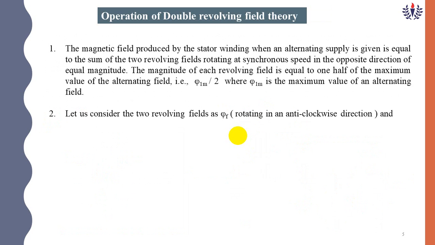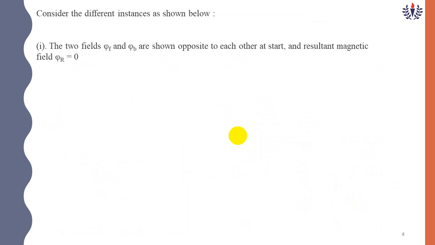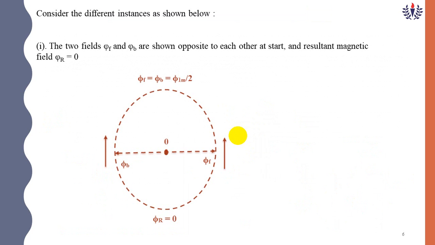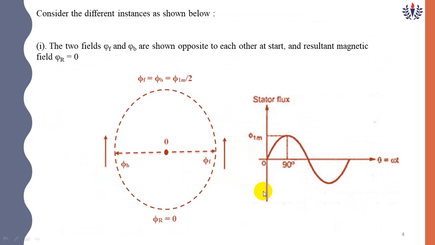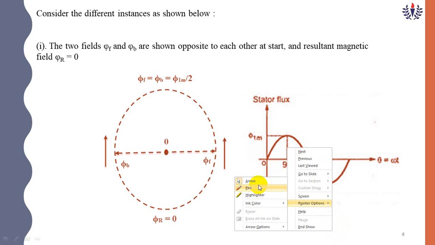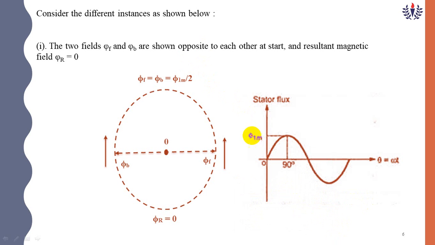Now, operation. The theory content has already been explained. First step: when you give the supply, the same diagram represented on slide number 4. From 0 to this point, 0, this is marked as 1, 2, 3.